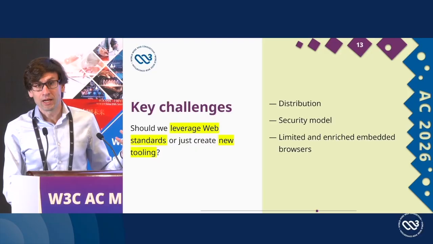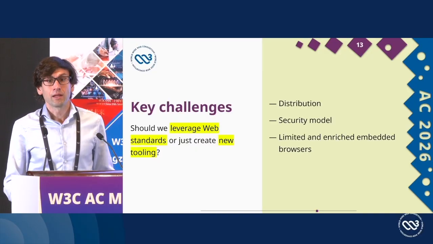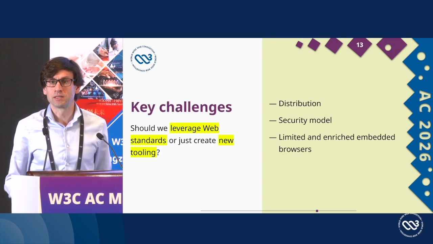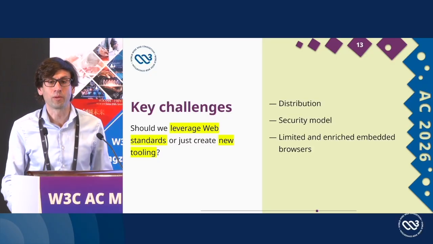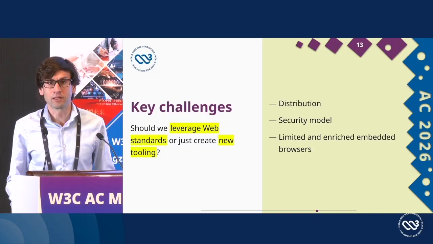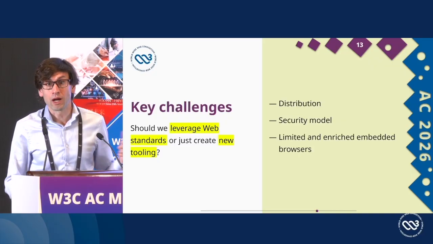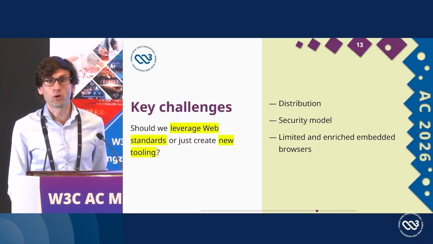We have several challenges, for sure, that we want to solve, and we need to discuss, and this is a good forum to discuss. Should we leverage the web standards to continue doing this work and preparing the future of these new applications, or just create some tooling to keep implementing these specific use cases? We have the challenge of distribution, how we pack and distribute the application, and for sure, the security model is something new.